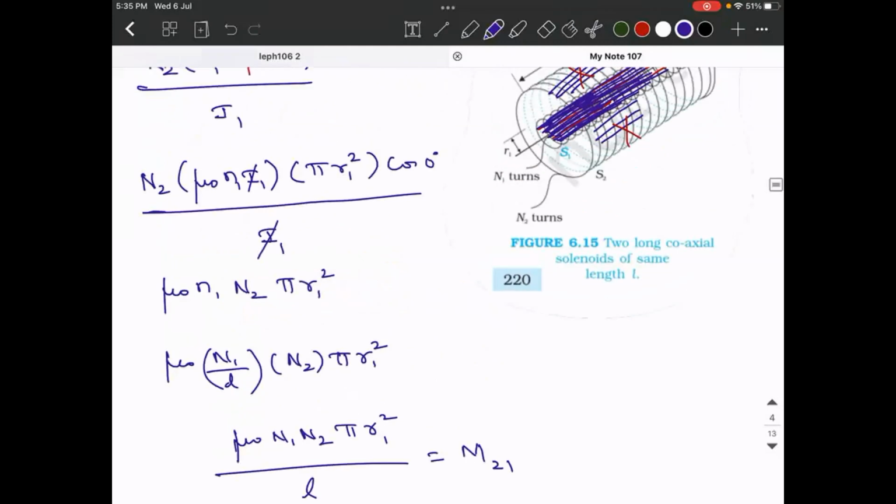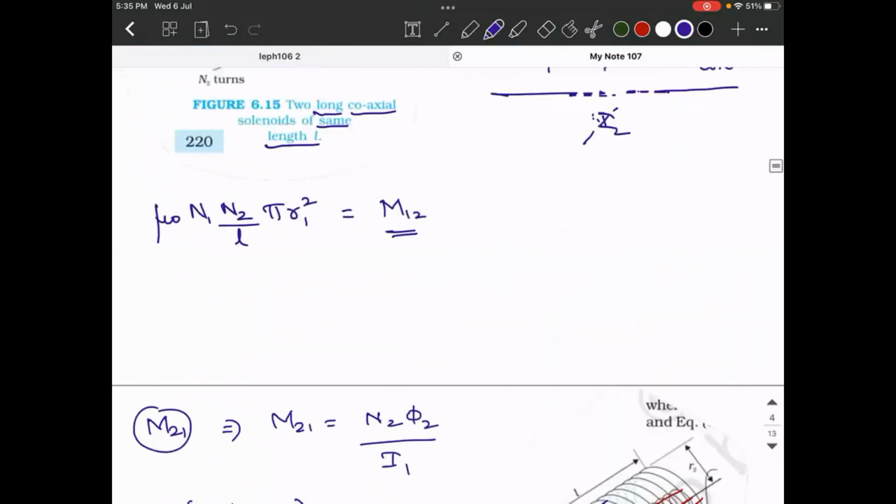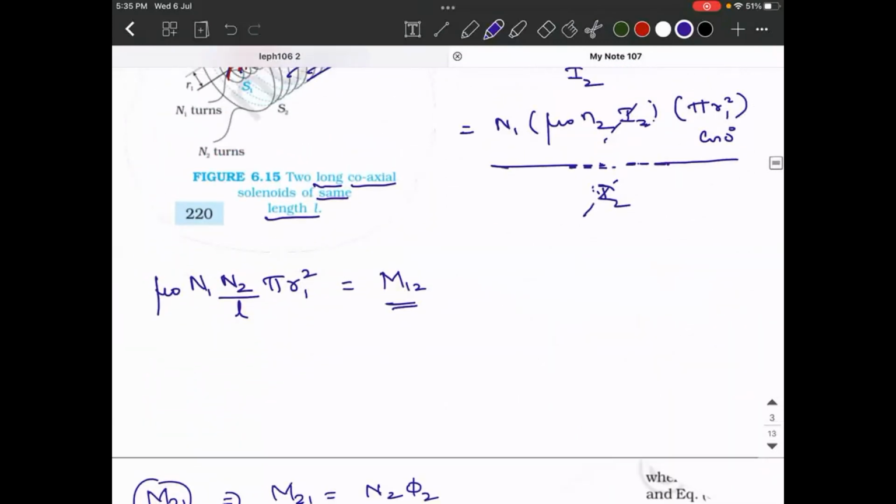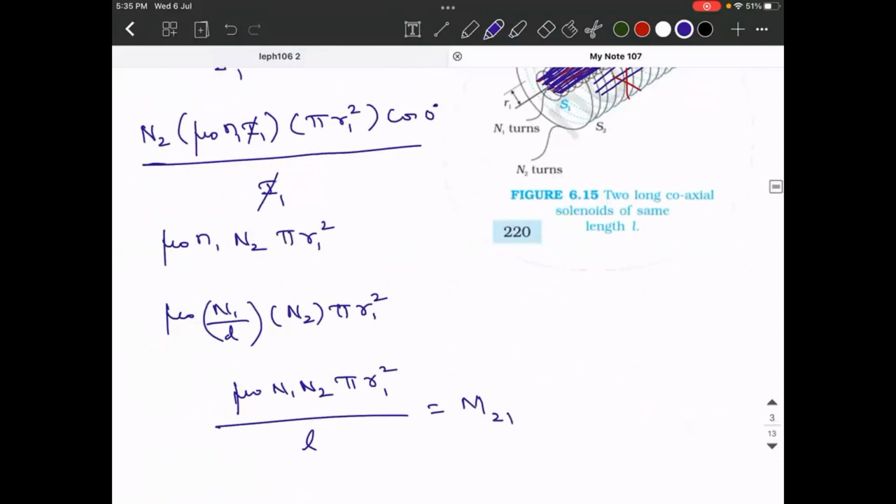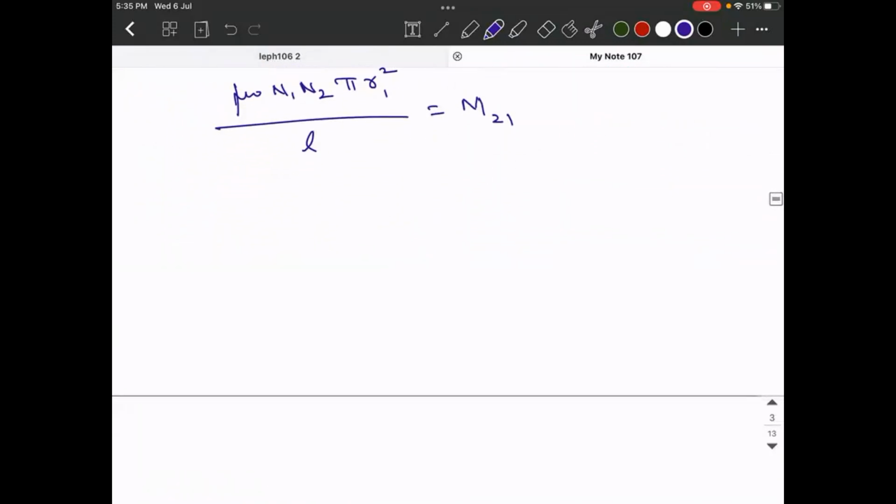Sir, can you show the M12 for a minute? This is M21.